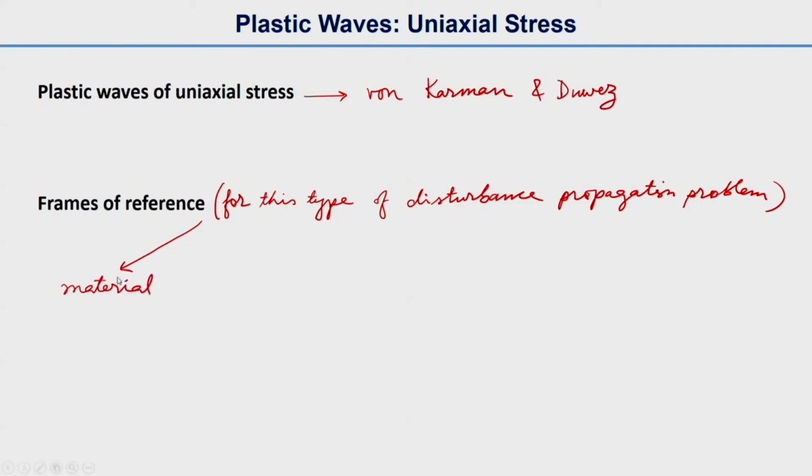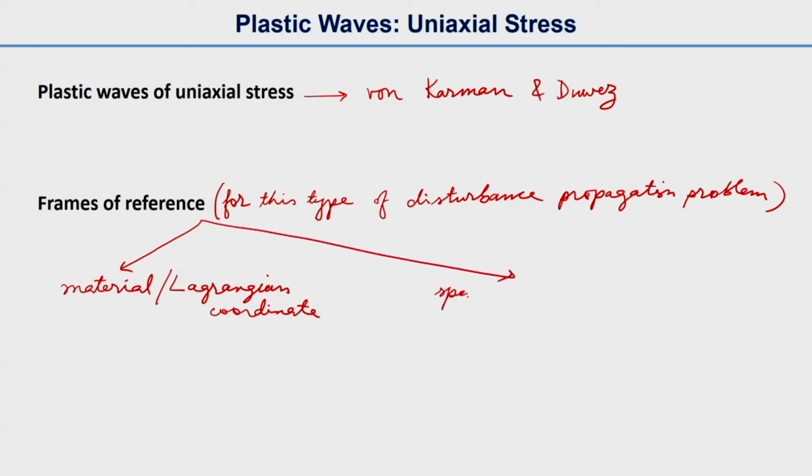as you know, the first one is the material or Lagrangian coordinate, and the second one is the spatial or Eulerian coordinate. What happens in the first case?